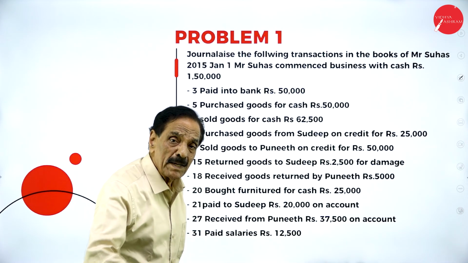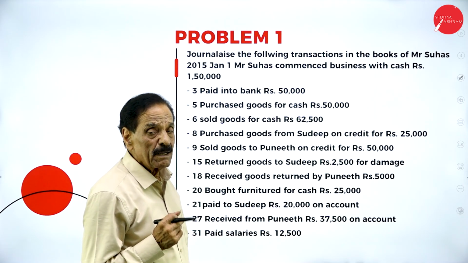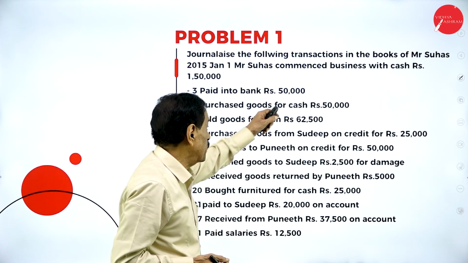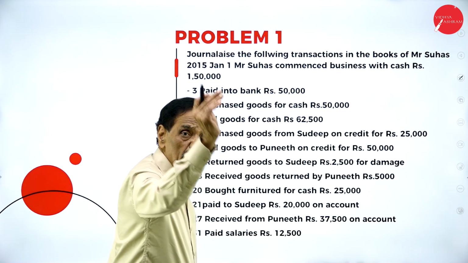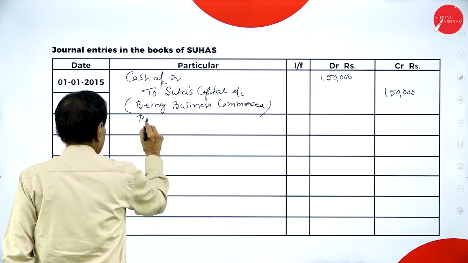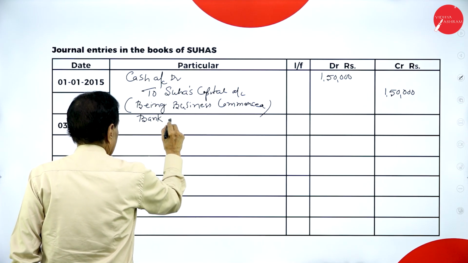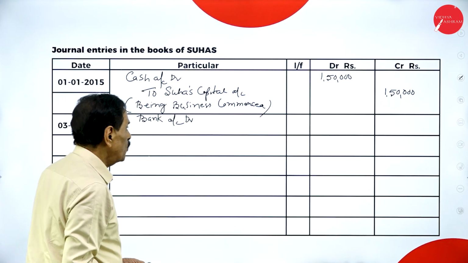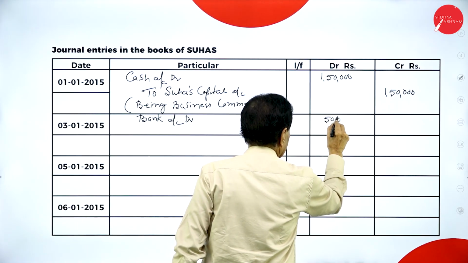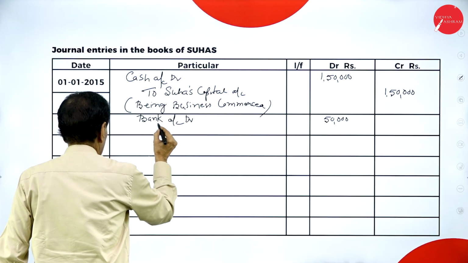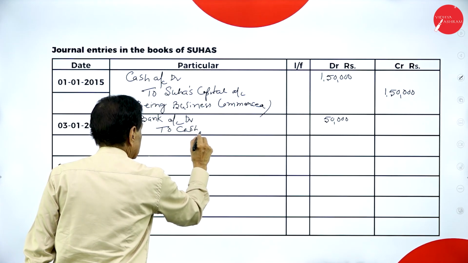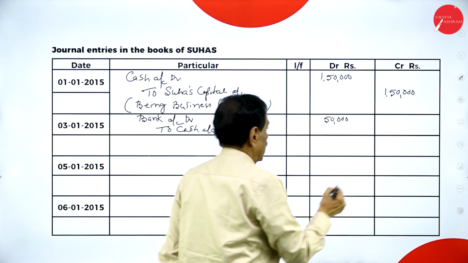Paid into bank. The money is paid into the bank. Who is the receiver? Bank. Bank means banker, a personal account. Debit the receiver, credit the giver. How much money was put into the bank? 50,000. So cash is going out from the business. Bank account debtor, 50,000, to cash account, 50,000.